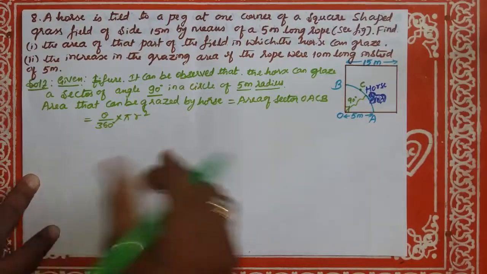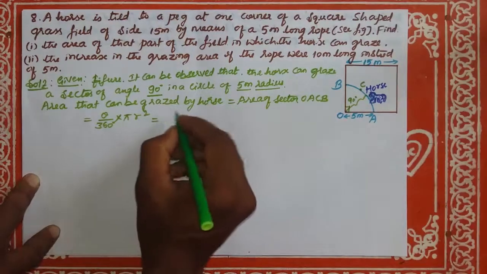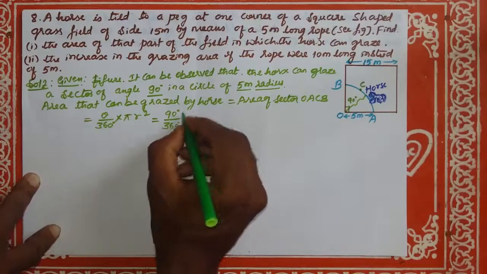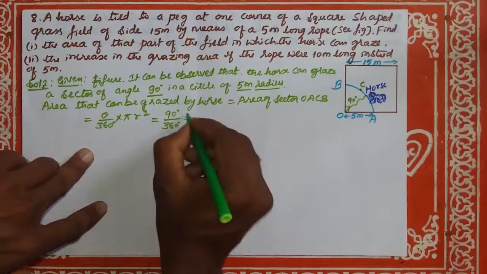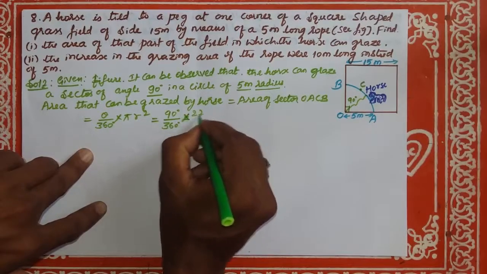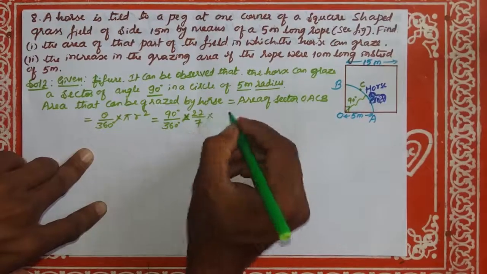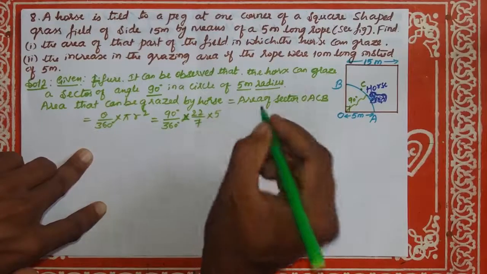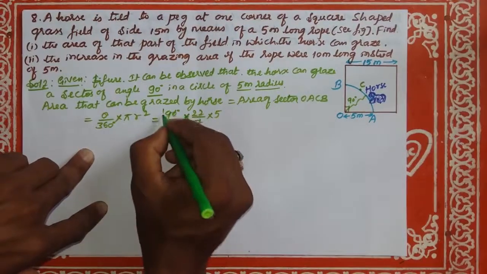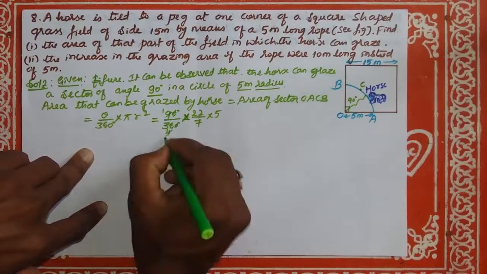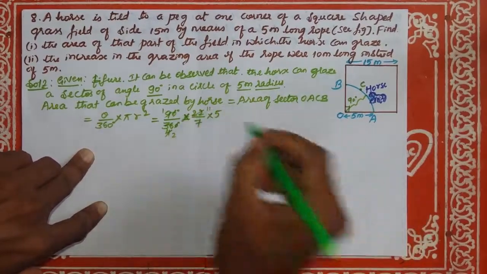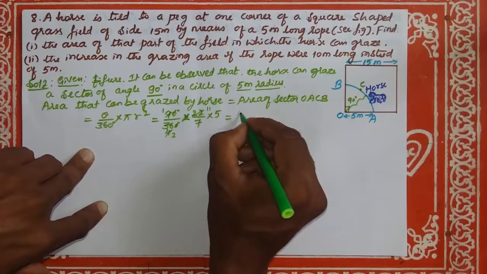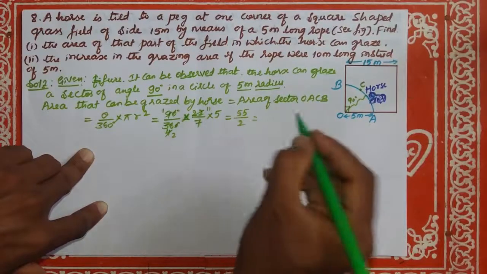What is the angle? Theta is equal to 90 degree divided by 360 degree, into pi value 22 by 7, into radius 5 meter. The zeros get cancelled. 9 1s are 9, 9 4s are 36. 2 2s are 4, 2 11s are 22, 11 5s are 55, 55 divided by 2.